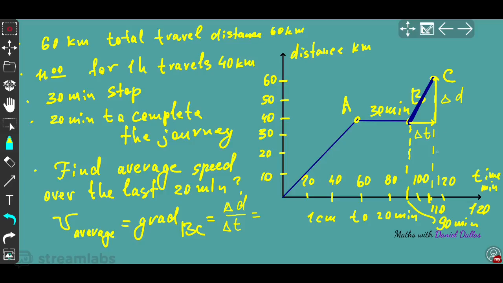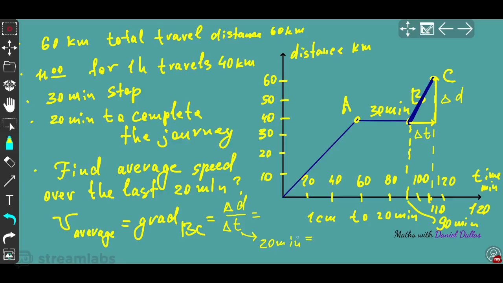In your case, you know that it's 20 minutes, right? So that's your time change. But if you want, you can convert into hours, if you like. Can you convert into hours?